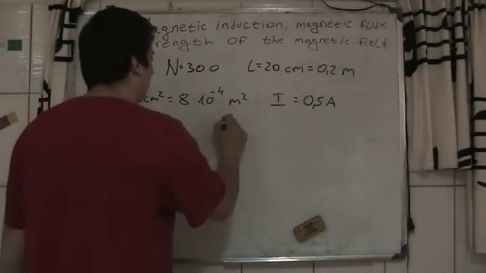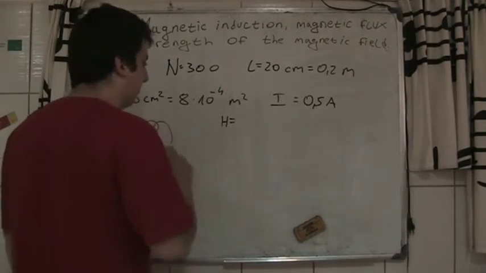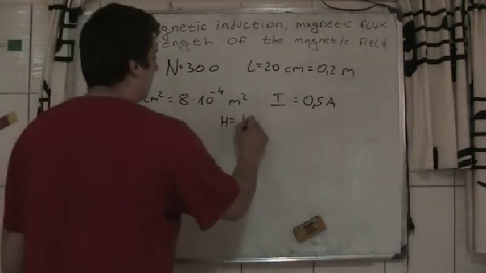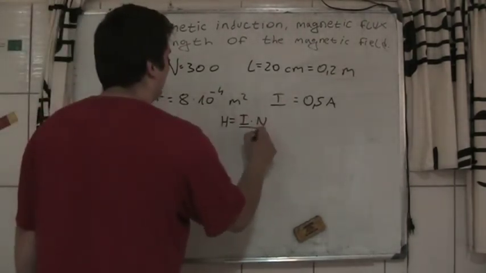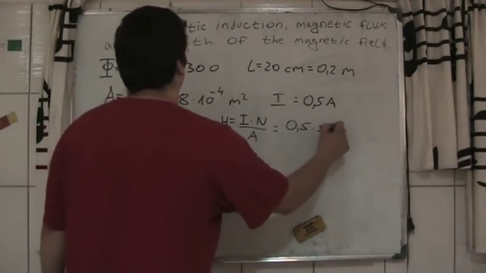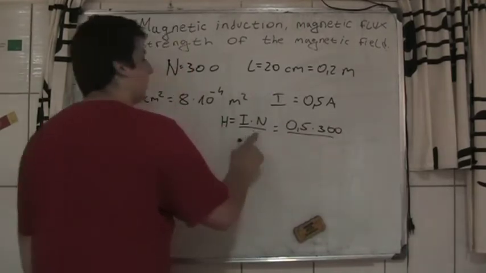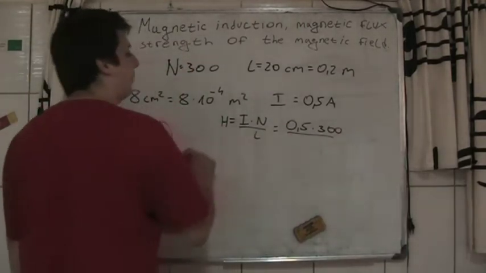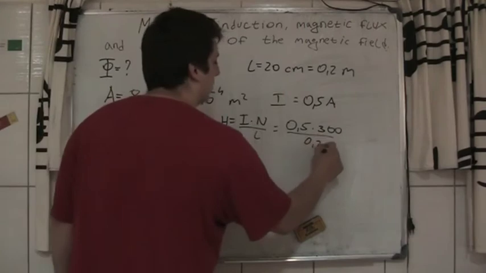So we can first calculate the strength of the magnetic field. So I times N divided by the length, 0.5 times 300 divided by L, and that's 0.2.